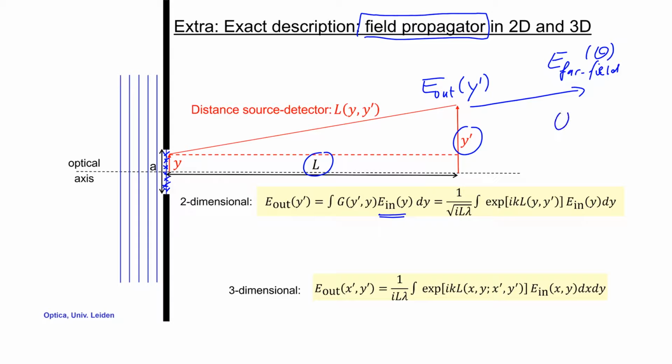If you were far away, your theta has the flavor of y prime over L, at least if you are paraxial in the simple case, and otherwise you have to worry about sines or tangents or things like that.